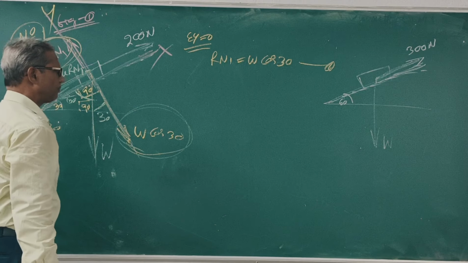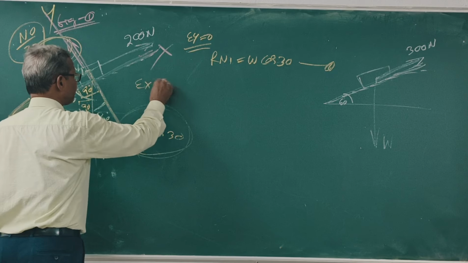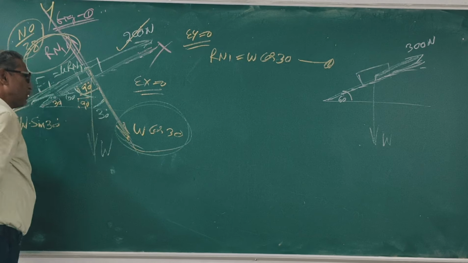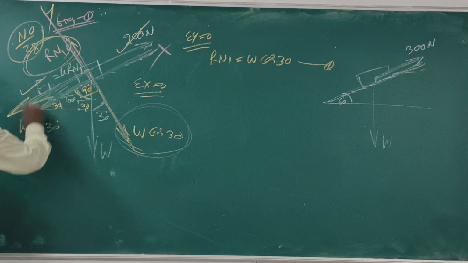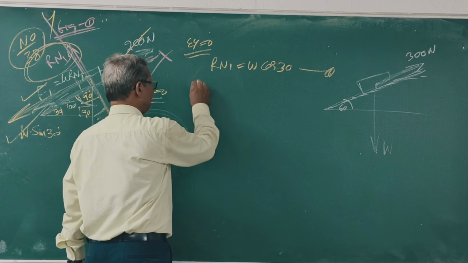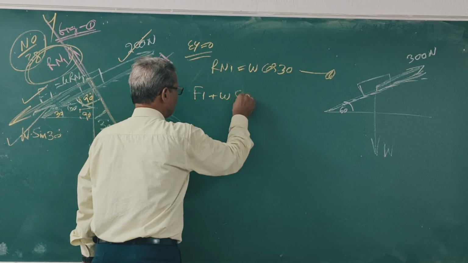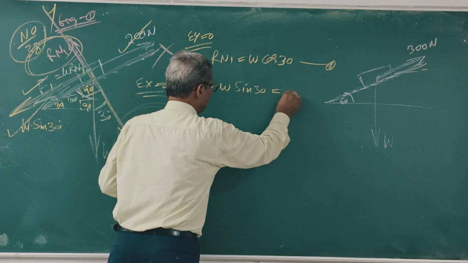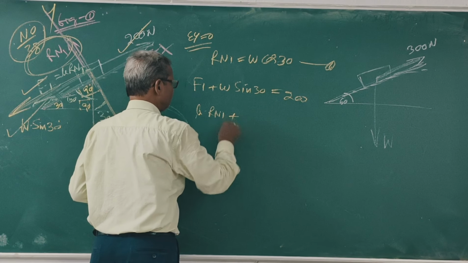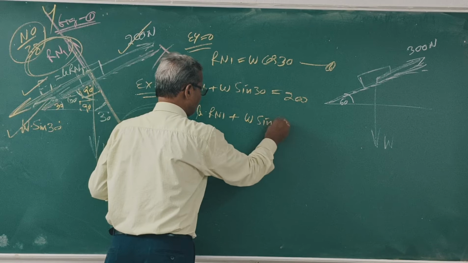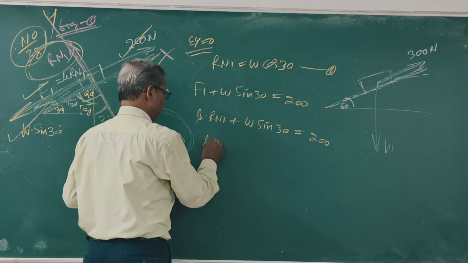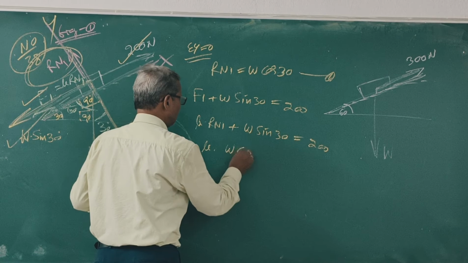Similarly, sigma x is 0. The components: 200 Newton on this side, F1 plus W sin 30. So F1 plus W sin 30 is equal to 200. What is F1? Mu Rn1 plus W sin 30 is equal to 200. What is Rn1? W cos 30.